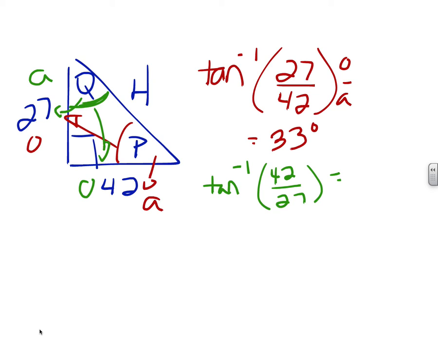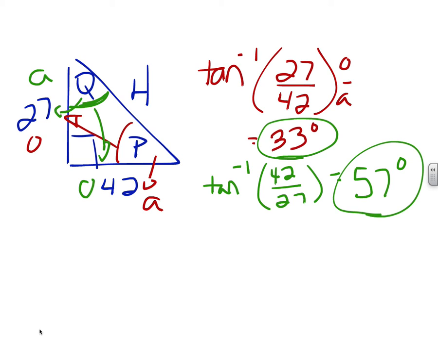And if we do second tangent, 42 divided by 27, we find that we get an angle of 57 degrees. So a good way to check to see if you're doing these angle things right is these are complementary angles. They should add up to 90. And what do you know? 33 plus 57 does in fact add up to 90.